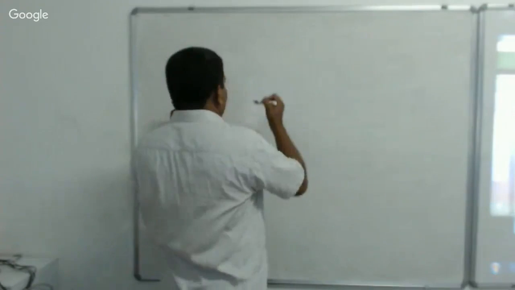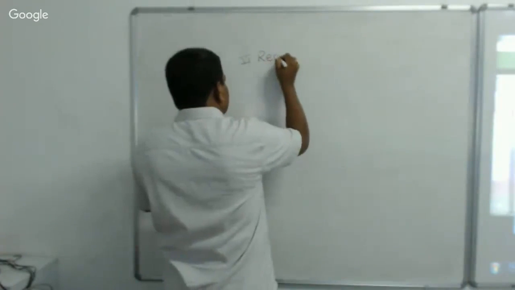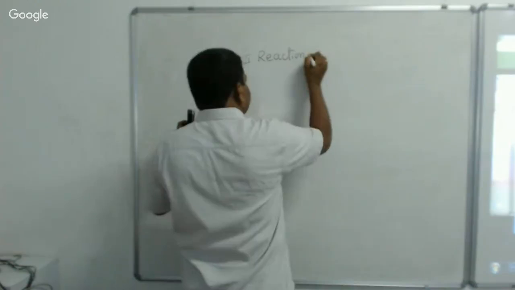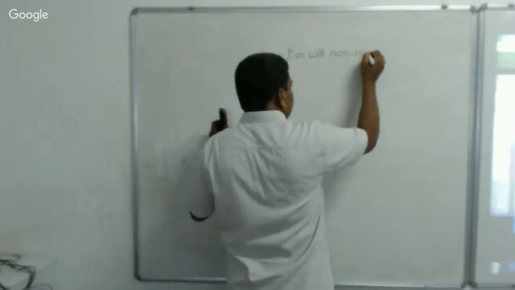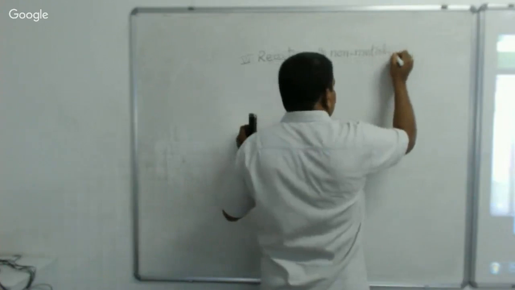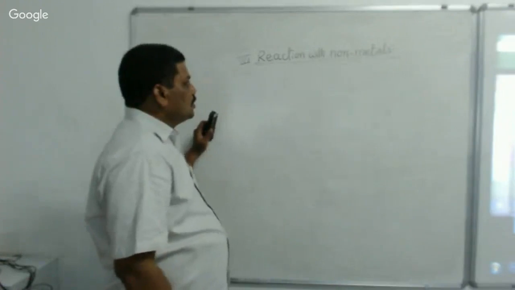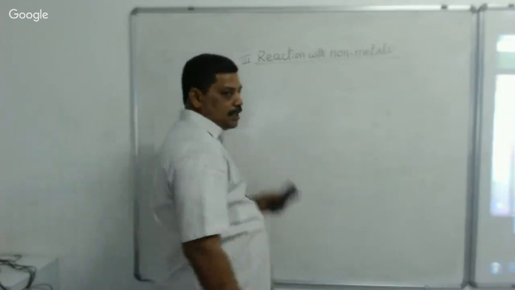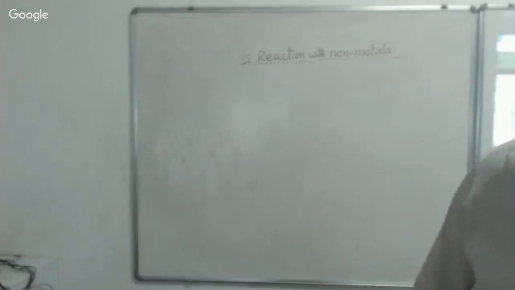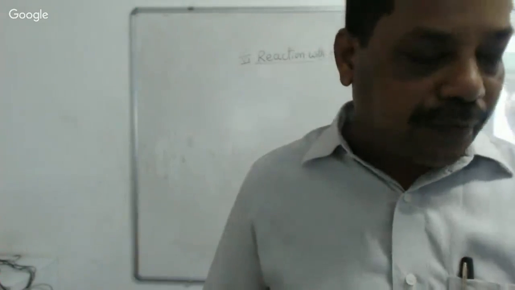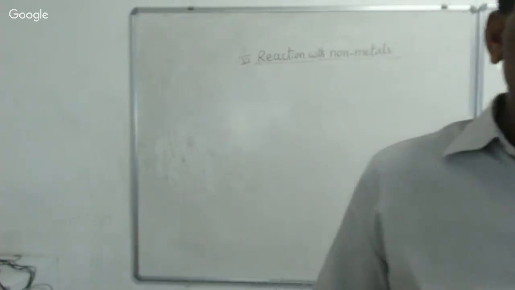Now, reaction with non-metals. Since halogens are non-metals, if they combine with other non-metals, obviously the compound formed will be covalent.